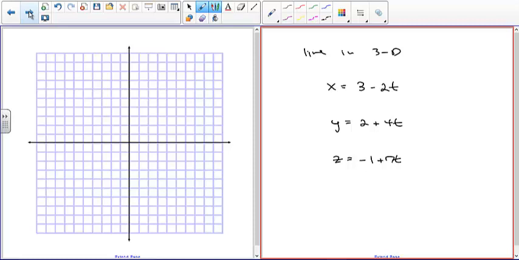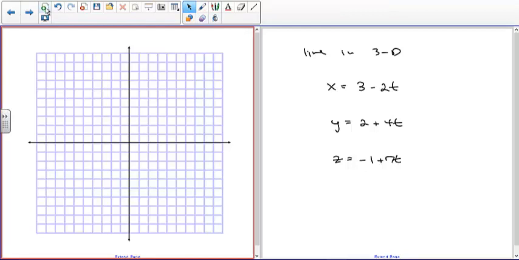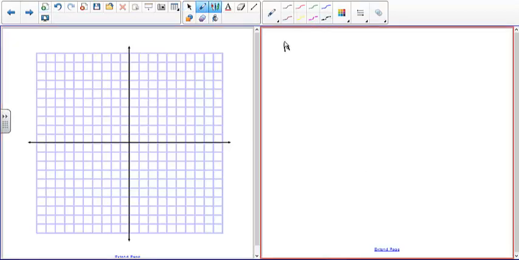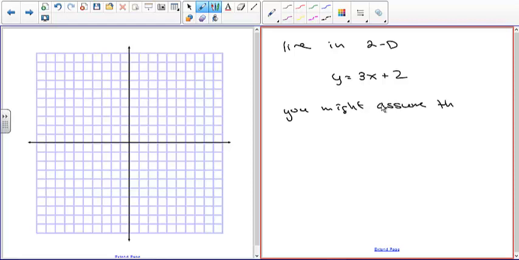The other interesting thing about parametric equations is this. Thinking from dealing with two-dimensional stuff, let me go back one step. Say a line in 2D: y is equal to 3x plus 2. You might assume that a line in 3D is z is equal to 3y plus 2x minus 1.